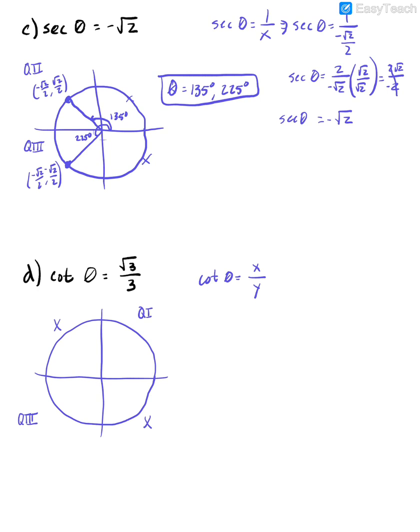Now I want to think about square root of 3s. Where do I have those? There's two places where you're going to get a square root of 3. Either 30 degrees or 60 degrees, right? Okay.